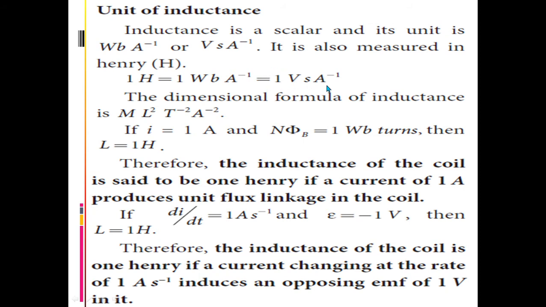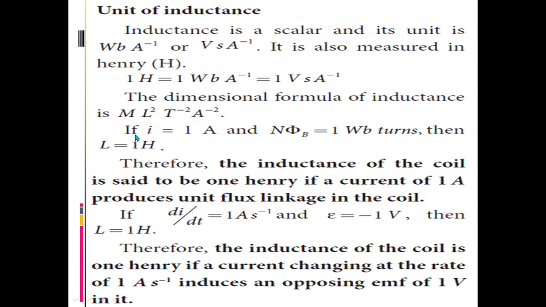The dimensional formula of inductance is M L squared T power minus 2 A power minus 2. Listen carefully, children, please note it down. This is a very important formula, the dimensional formula for self-inductance: M L squared T power minus 2 A power minus 2.